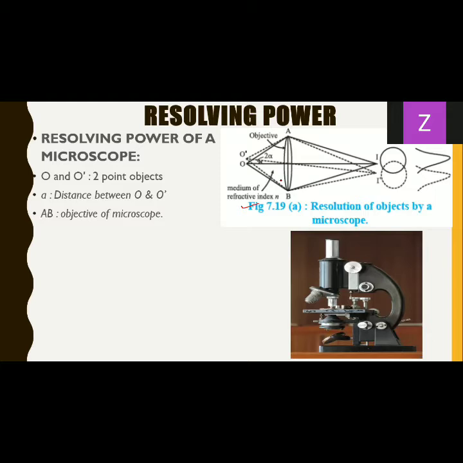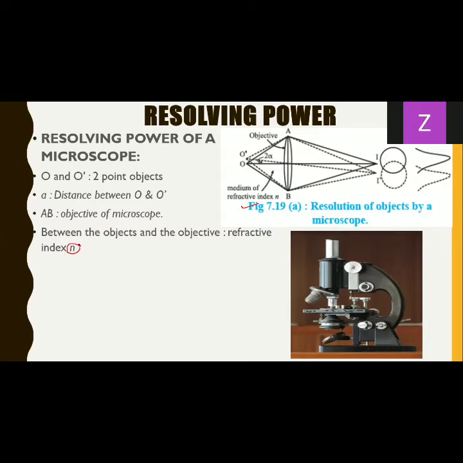Now, in case of the objective, the medium which is between the object and the objective is of refractive index n. Once again, this is the object which we have, this is the objective which we have, the medium present in between has the refractive index, assume it is n.